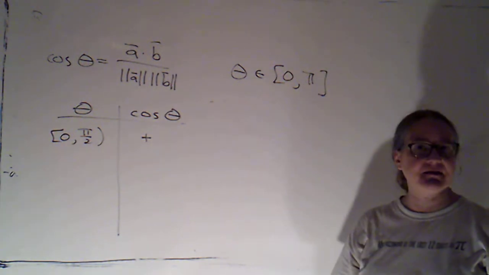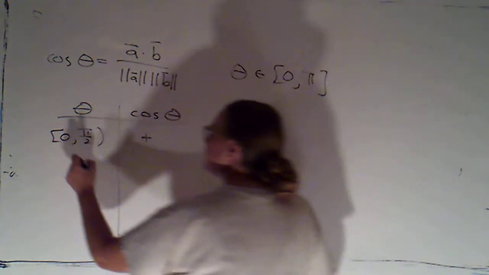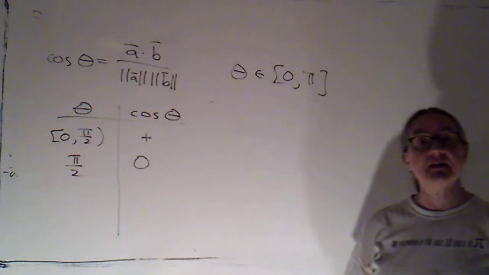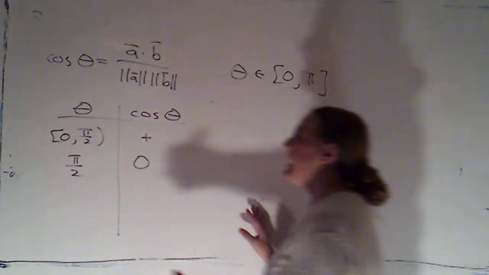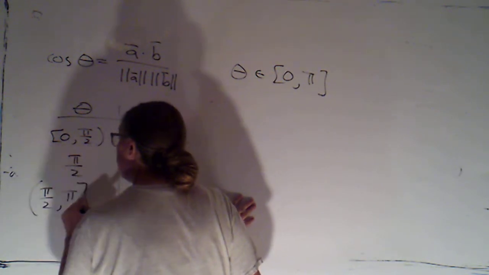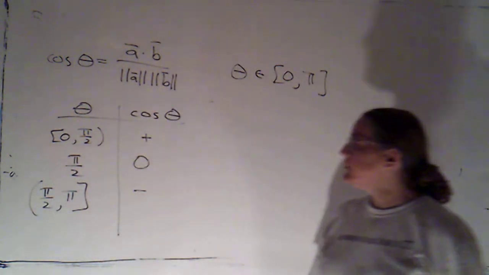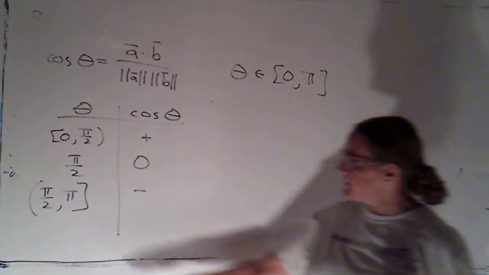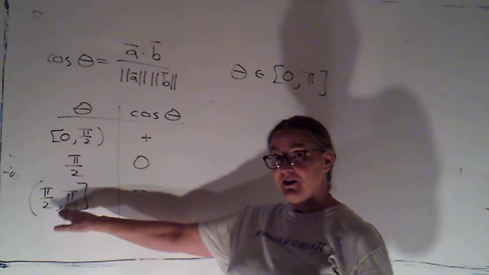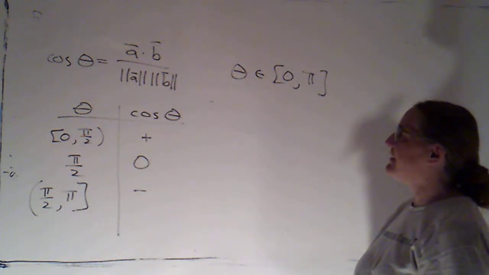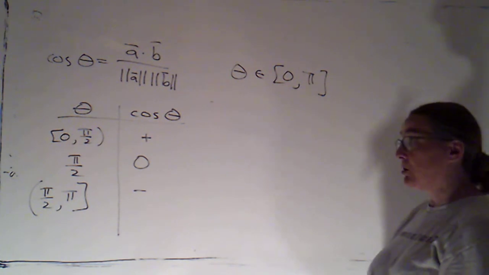I get a positive value for cosine. If theta is equal to pi over 2, cosine of theta is going to equal 0. And if theta is between pi over 2 and pi, not including pi over 2, cosine of theta will be negative. That's because I either have an obtuse angle or a straight angle with theta equaling pi and cosine being negative 1. Kinda cool.